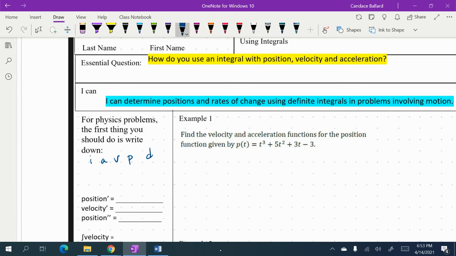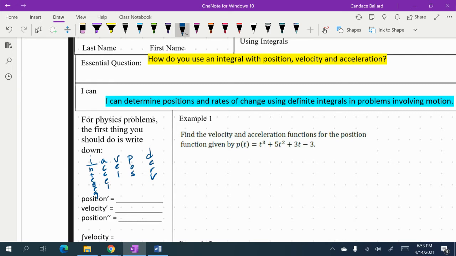What it stands for is integral, acceleration, velocity, position, and derivative.